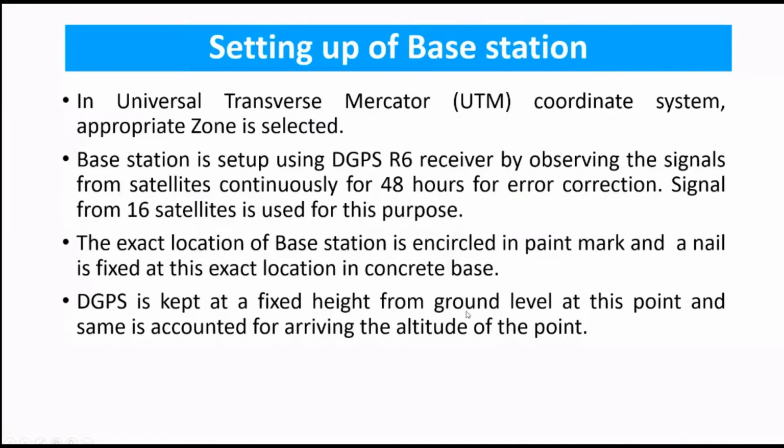That height is to be kept fixed from the ground level, from where we are establishing the control station, base station, and we get coordinates and also the altitude of the reference point at the base station.